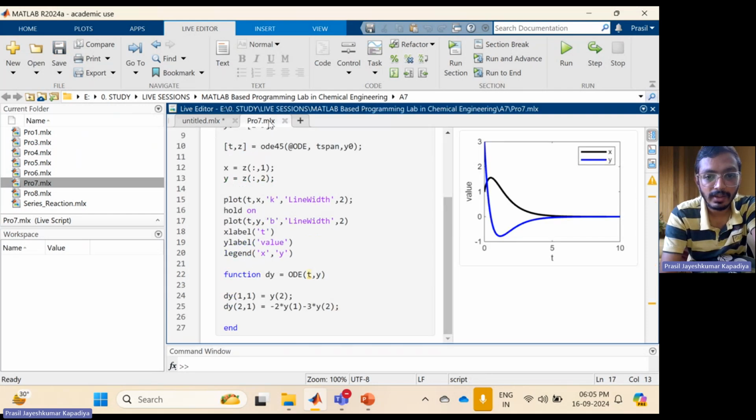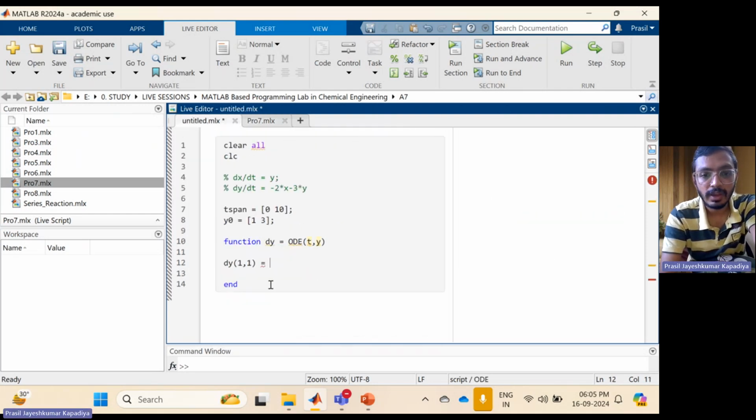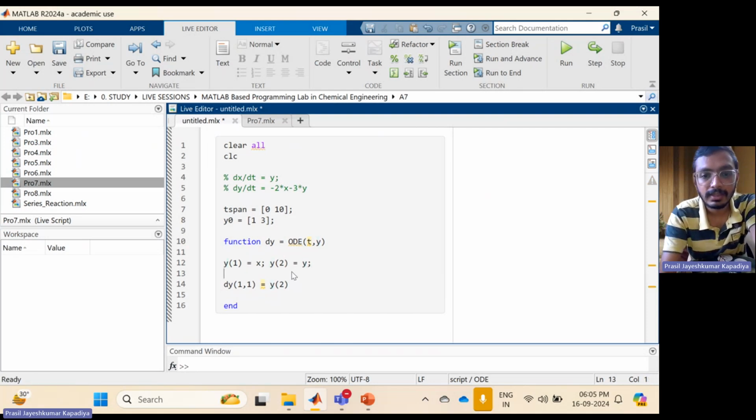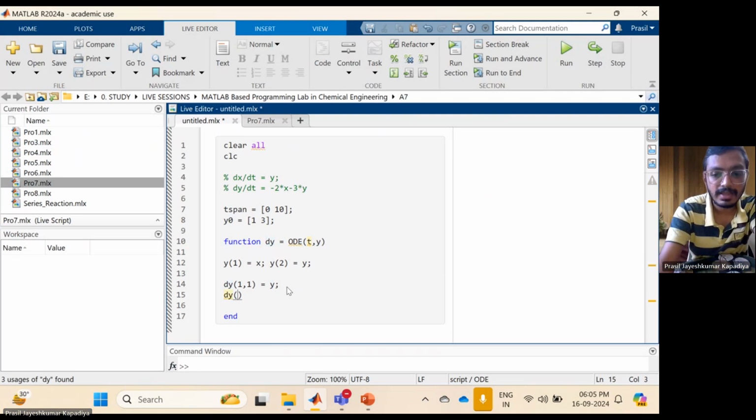Instead of writing x and y, we can write y of 1 is equal to x and y of 2 is equal to y. So my first equation is y of 2, and my second equation, second row, first column, is equal to minus 2 into x minus b into y.